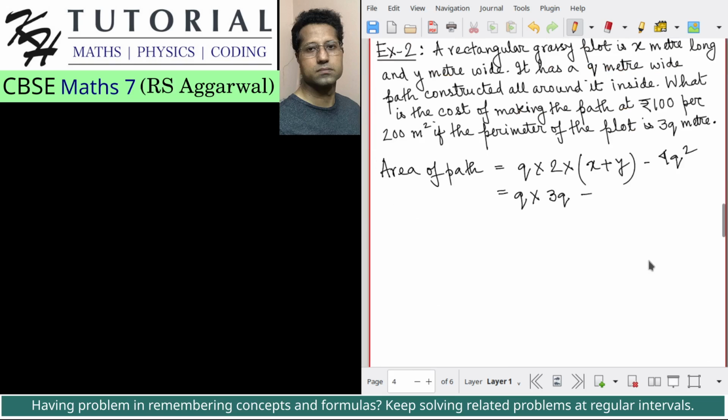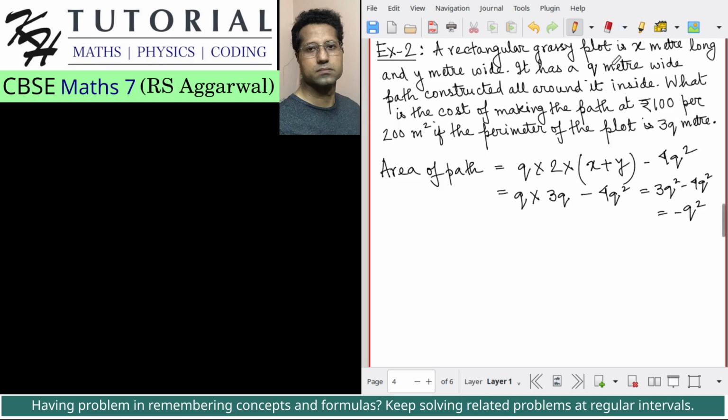Okay, so I think there is a mistake in the problem. If I do this, this is becoming 3q square minus 4q square. It is becoming minus q square. It is becoming negative. So this 3q is incorrectly given.